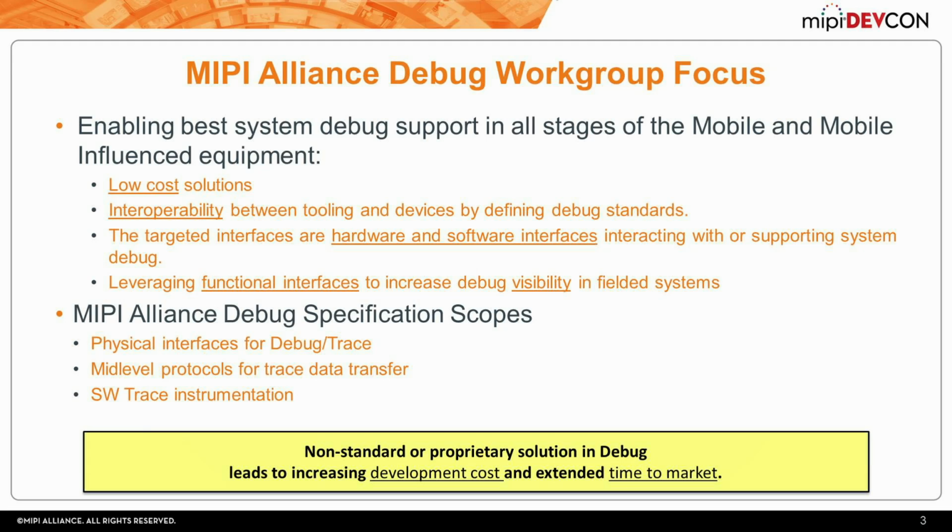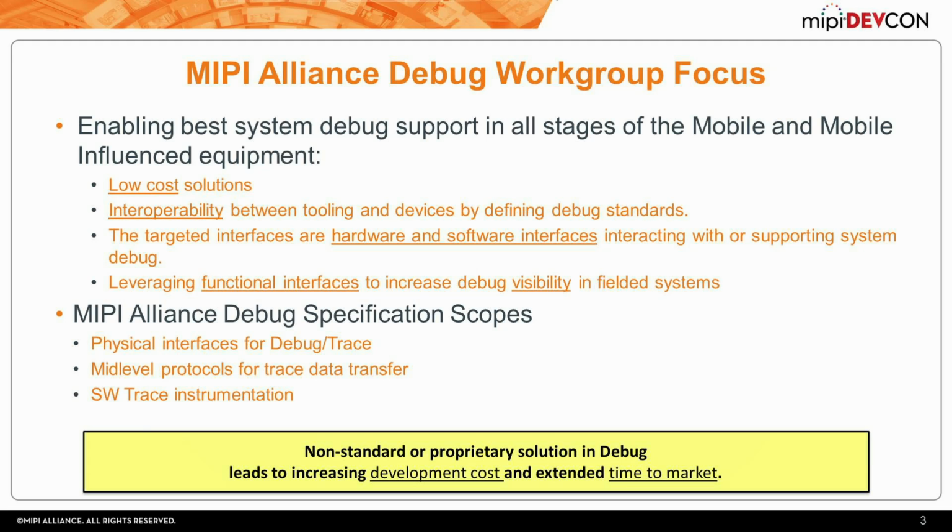And especially important for the mobile space, there are also specifications that allow you to leverage functional interfaces for fielded or form factor devices for debug purposes. Because it solves the problem of how you get to your debug or trace data when all you have on your device is a functional USB port, for example, and you cannot expose any debug dedicated pin interfaces anymore.